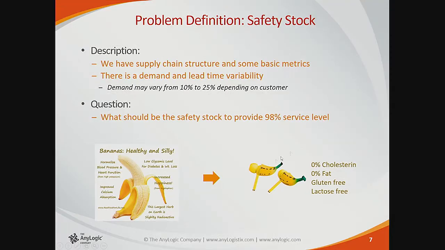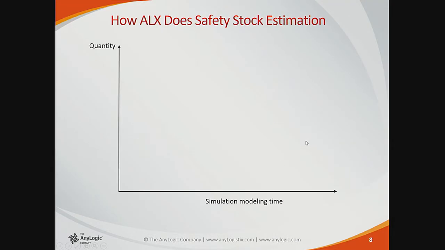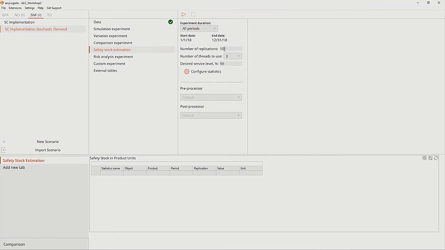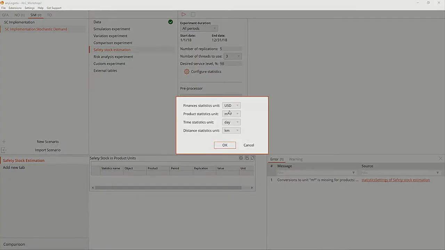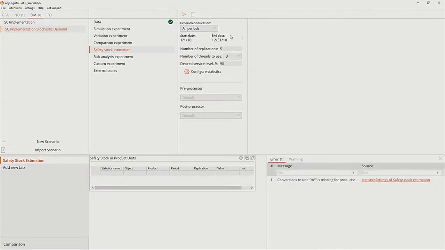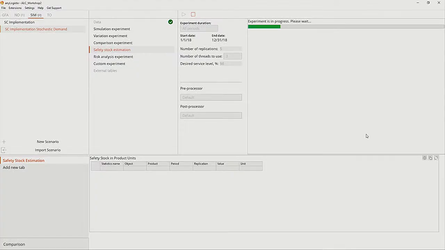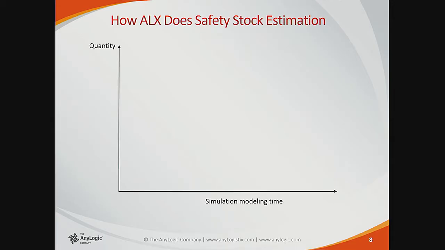Timofey, let me start the experiment and then you will explain it. Fine. Once again. Okay, so how does it work?